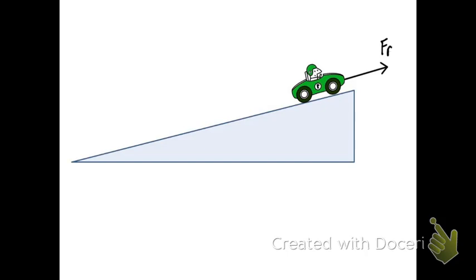All right, so now let's take that information and move on up the incline. How is that going to change my free body diagram? Well, I have to consider a component of my weight that my applied force has to overcome.